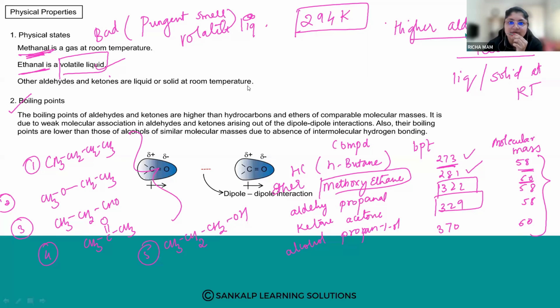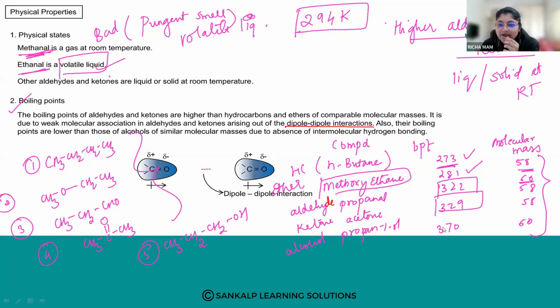But why do aldehydes and ketones have higher boiling points? Because of the weak dipole-dipole interactions, the boiling points of aldehydes and ketones are comparably high as compared to hydrocarbons, ethers, etc.